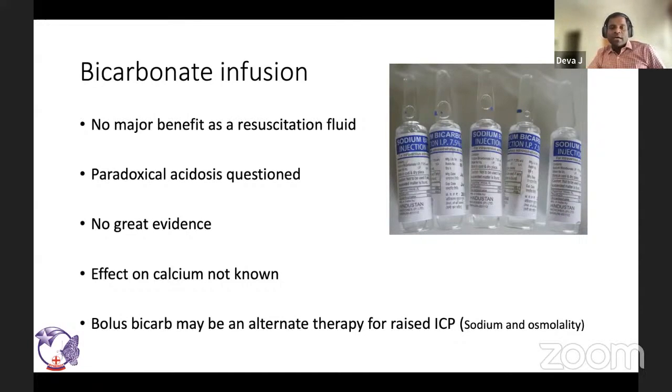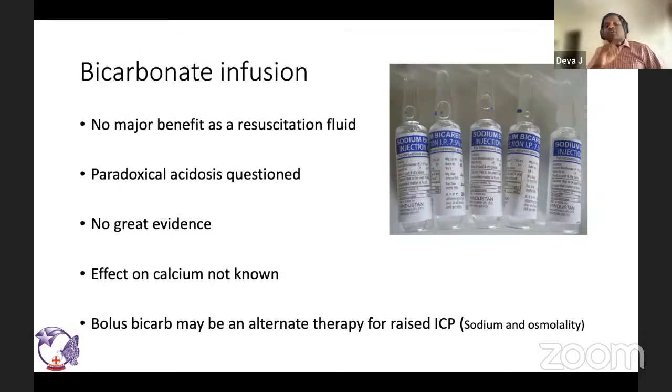So it's a trial, and then you give some bicarbonate, you check the acid base. If the patient has become alkalemic, the calcium might fall further. So we really don't know what the effect on calcium and the other electrolytes will be, and how much volume to give. So it's not useful as a resuscitation fluid. Do not use bicarbonate infusion as a resuscitation fluid.